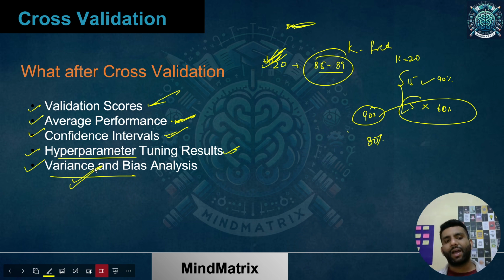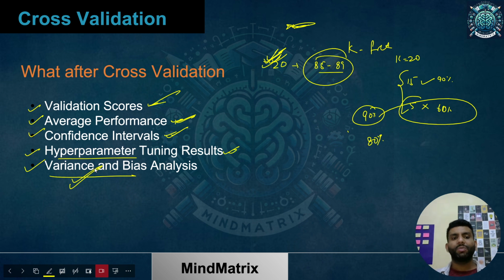Bias is how it is performing during training, and variance is how it is performing on unseen data. Just to give you an idea; we'll discuss it in detail later.